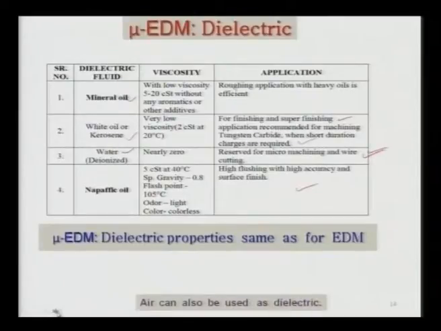Naphthenic oil can also be used. It has high flushing with high accuracy and surface finish. Air is also used as the dielectric in macro EDM as well as in some cases of micro EDM.